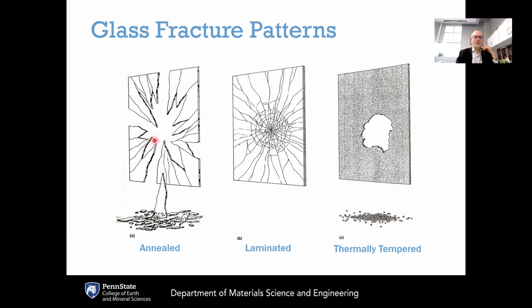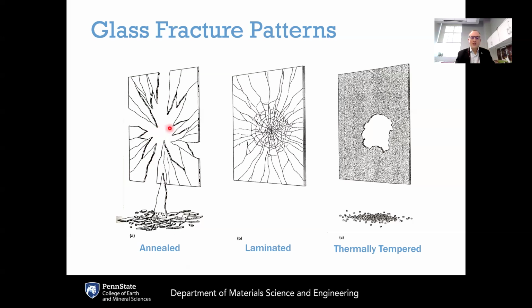And therefore, this starburst pattern here is a direct result of having excess energy coming from an external source, from this rock or from this baseball, that is then transferred to the glass itself. So a lot of cracks are formed at that point of impact, and then they all propagate out radially.